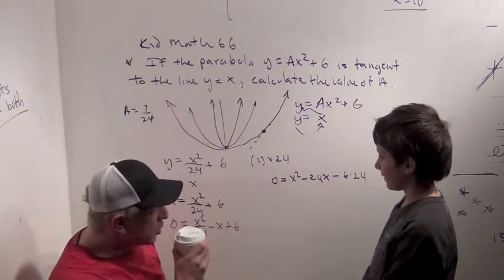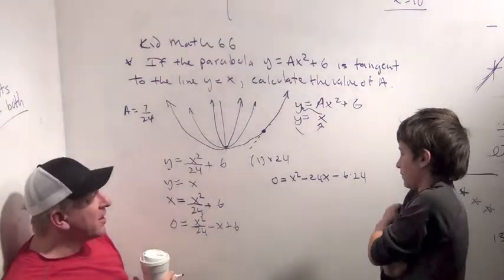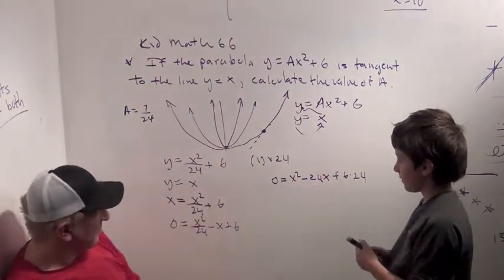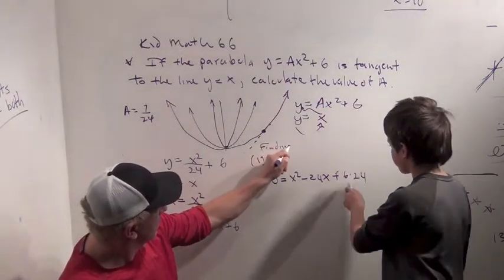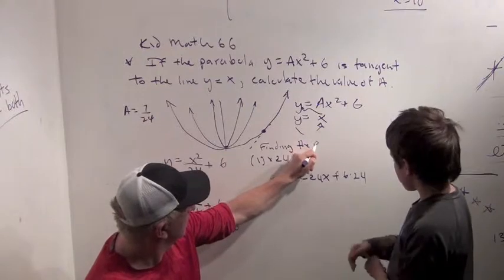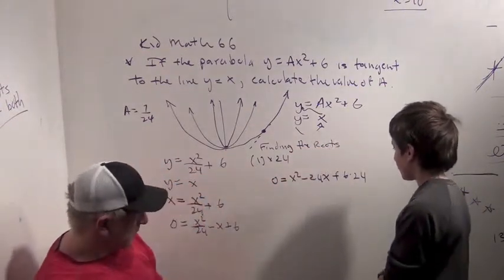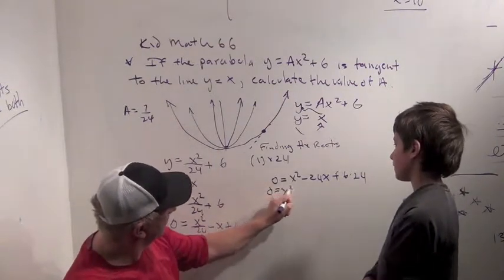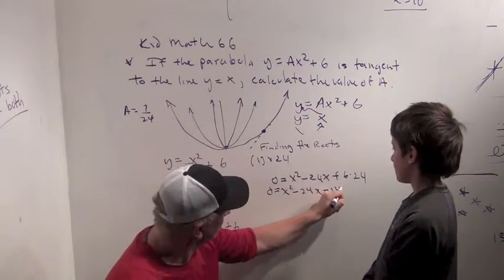Let's multiply it out. 6 times 24 is 120 plus 24, so 144. So 0 equals x squared minus 24x plus 144.